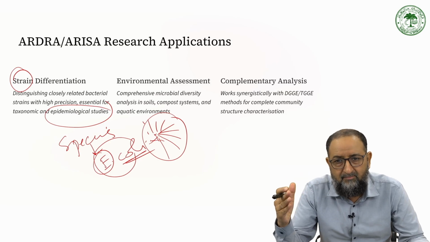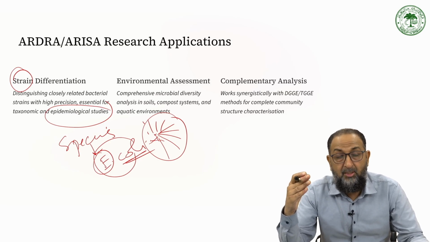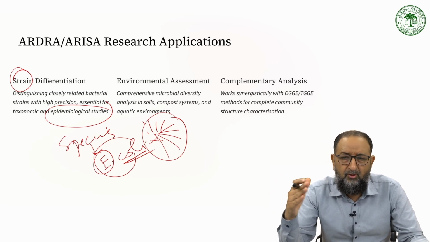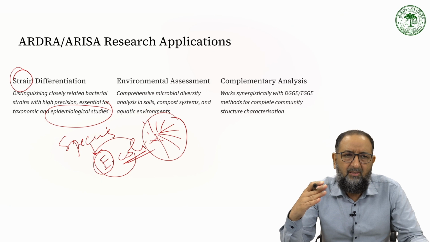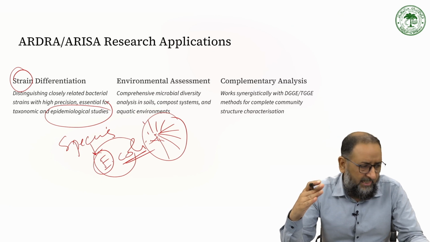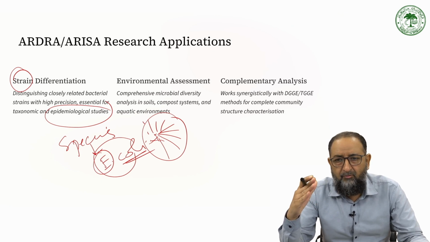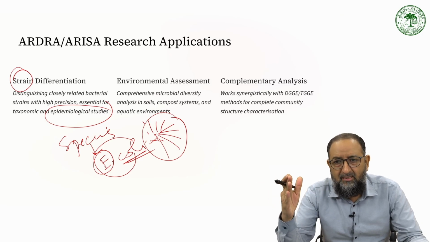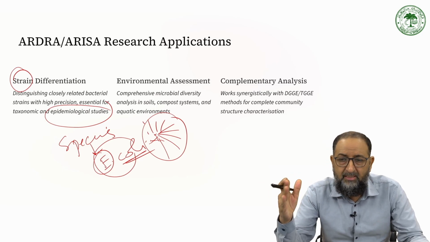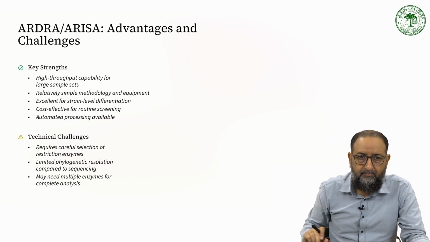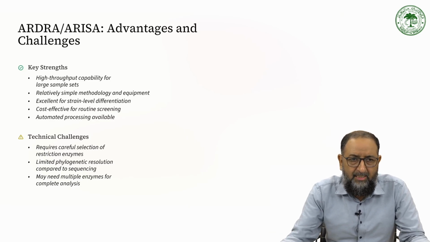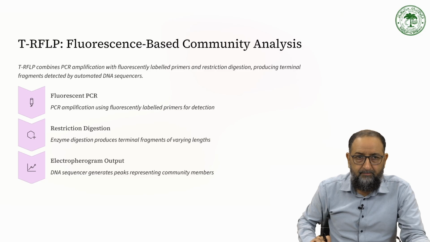There is also complementary analysis: they work synergistically with DGGE and TGGE methods for complete community structure characterization. So you can also cross-check between ARDRA and ERISA, comparing with the two other methods we call DGGE and TGGE, for this purpose. Now, what are the advantages and challenges of these two methods?